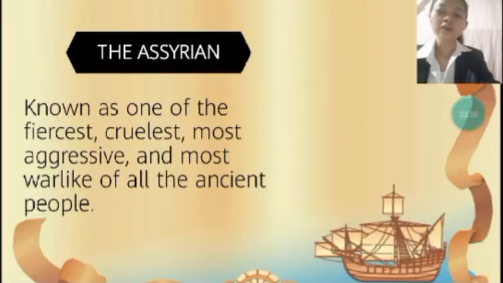Under the rule of Tiglath-Pileser I, the Assyrians controlled a territory which extended from the Mediterranean Sea to the far north of present-day Turkey. They were the first people to work out an effective system of political administration.